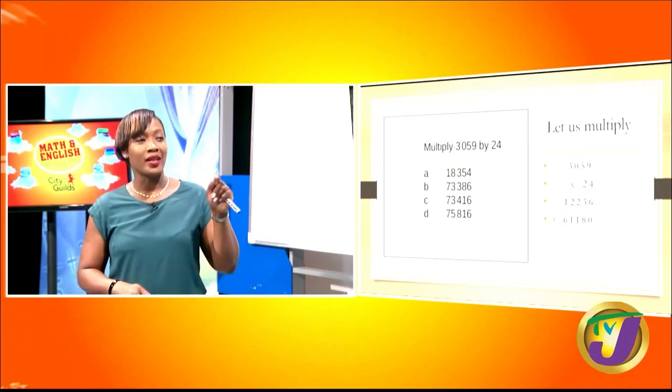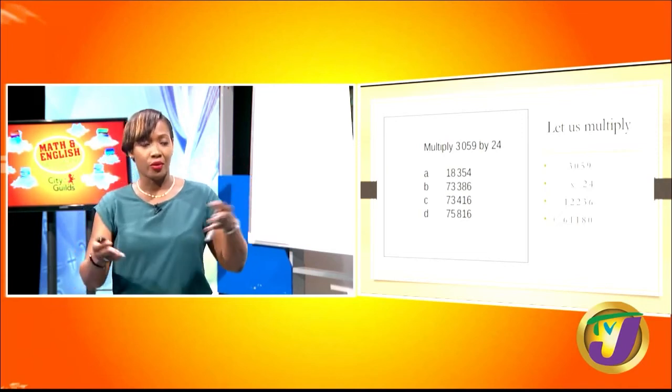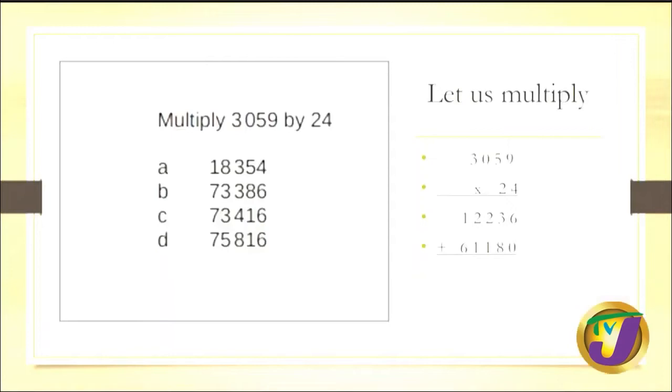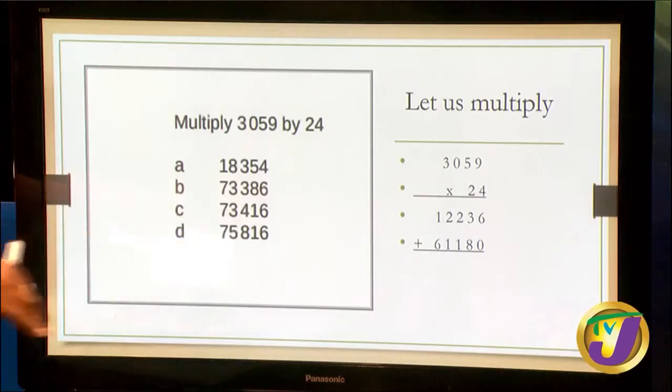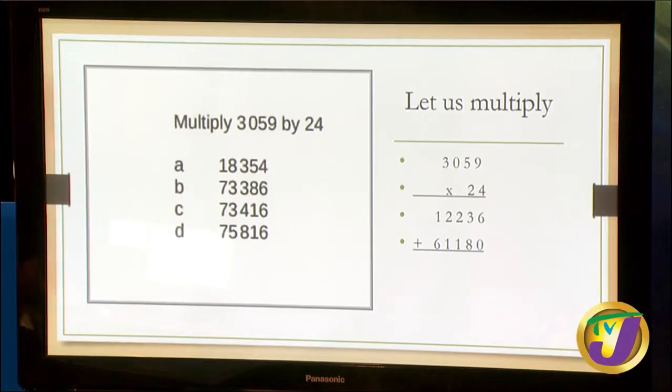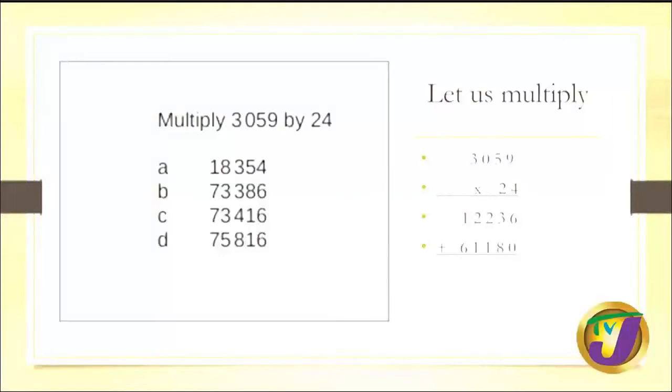Then we say 20 times 9, 2 9s are 18, so 180. And we would continue with the multiplication. So what we're saying is 20 multiplied by 3,059 gives us 61,180.